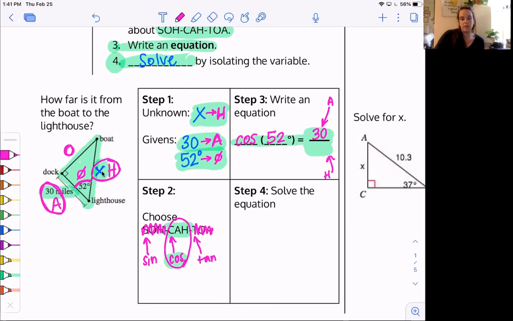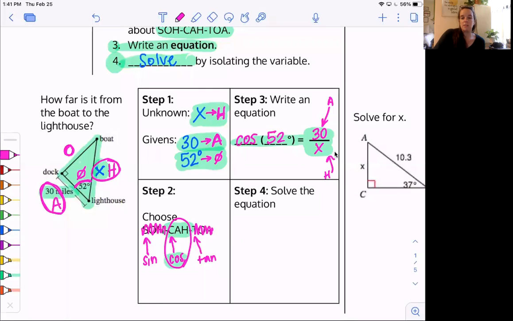So looking back at our drawing, what's the number or letter that represents the hypotenuse? Yeah, X for sure. Good job. So our H is X. So we have cosine of the angle equals A over H because it's cosine, A over H.